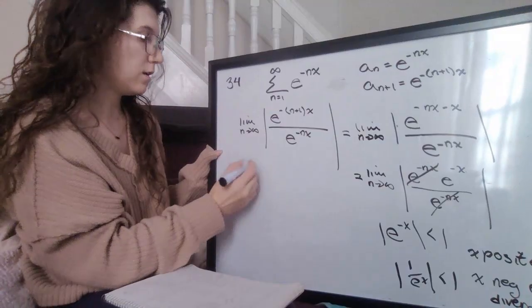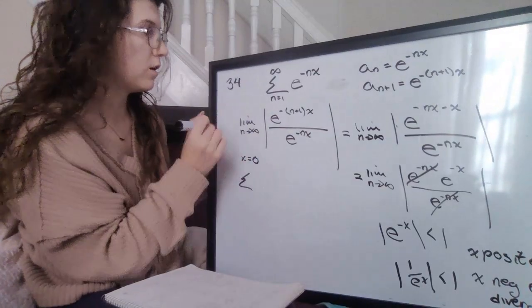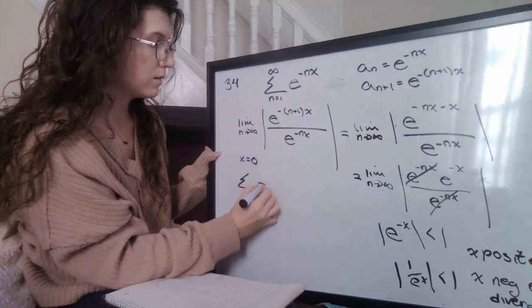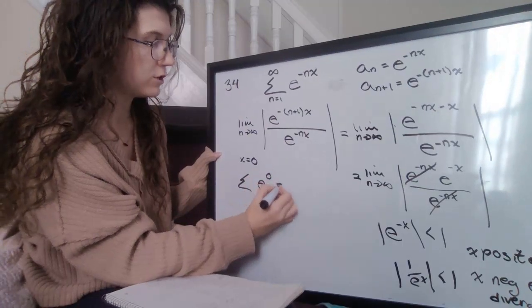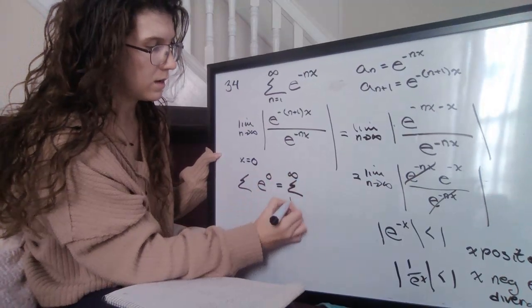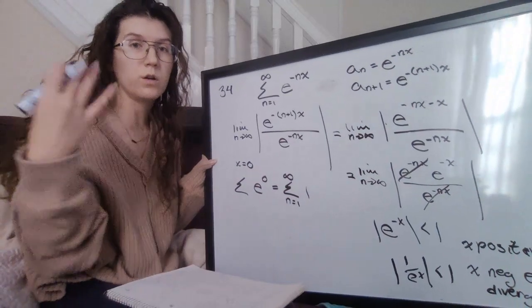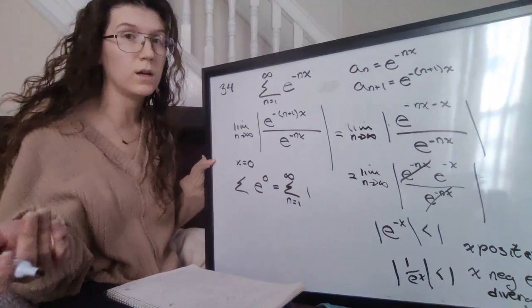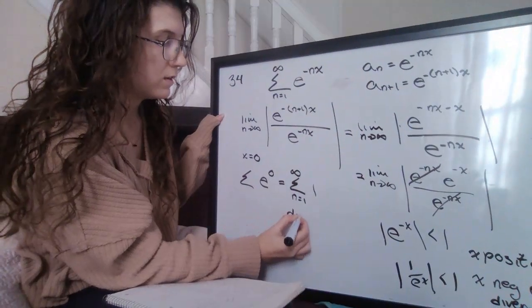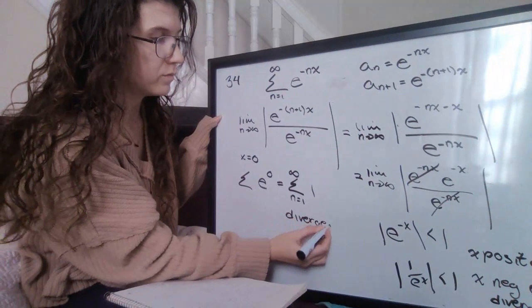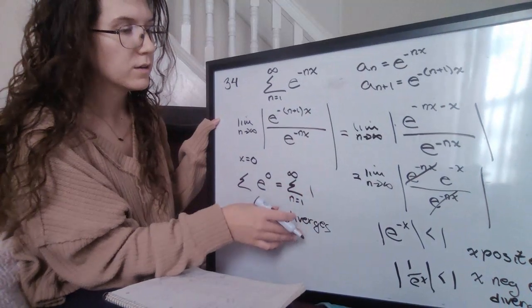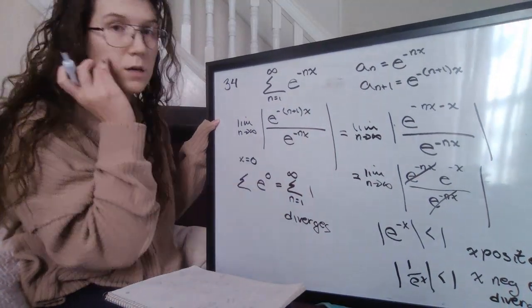So if I just plug in x equals 0, this is going to be e to the 0, which equals the sum as n approaches infinity of 1. And we know that if we add 1 over and over and over again, it approaches infinity. So this diverges. So x can be any positive number.